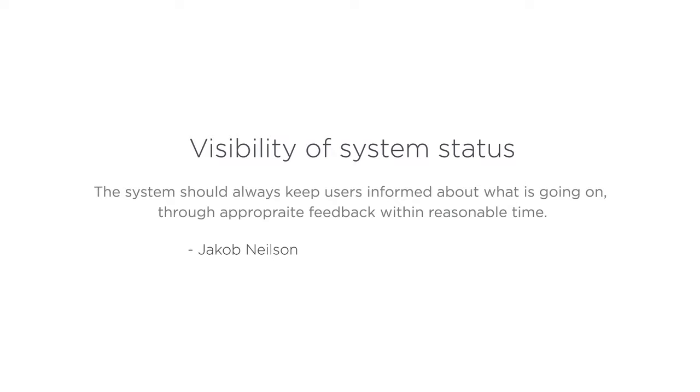One of Jakob Nielsen's usability heuristics is visibility of system status. And really what this means is making sure that your system, the product that you're building, gives feedback to users so that when they take action, it's clear that the system has heard them and has understood that something is going on, even if you need a moment on the back end to process that.